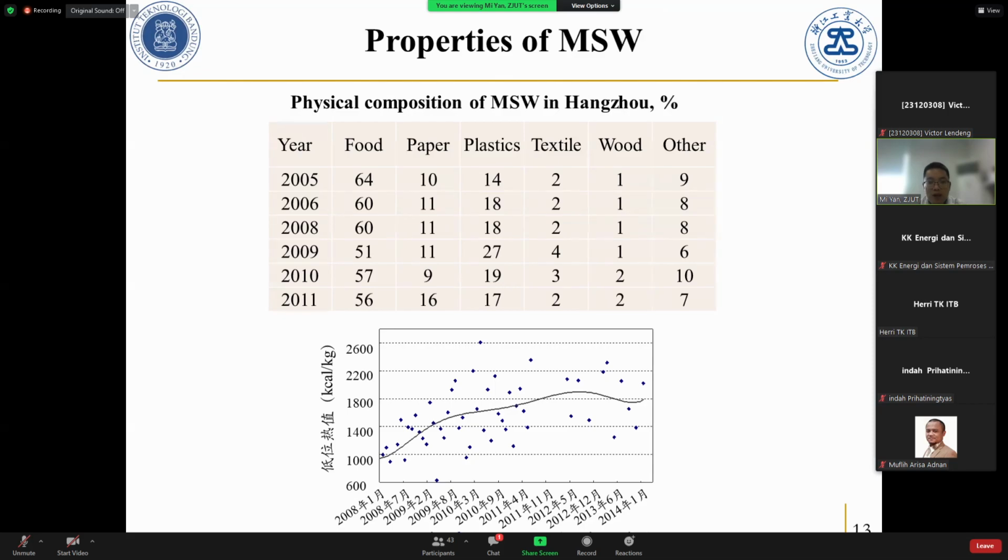So it implies the combustible content increased and the heat value increased. Here is the low heat value in Shanghai. You can see a slight change, increasing year by year.